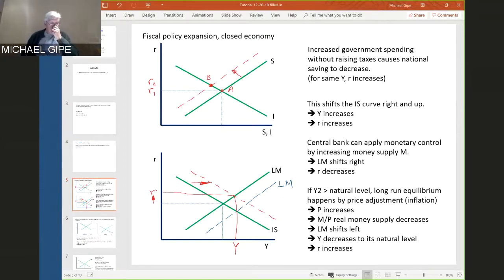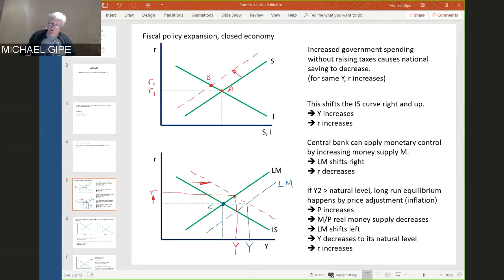And once that happens, they're going to, again, move down and shift the interest rate down, hopefully to what it was before, and then the output will increase even further. And so the sequence here is we'll start at point C. The fiscal policy expansion will move IS.